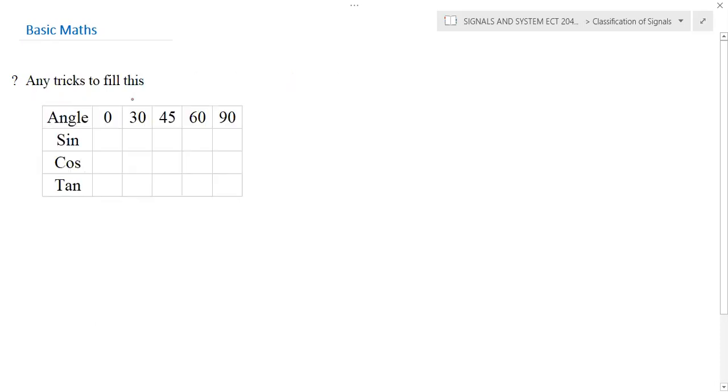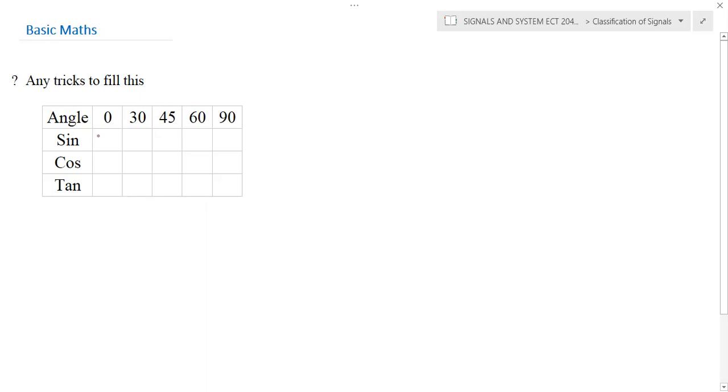Again, a common thing we frequently need to remember and use are the sine and cos values for 0, 30, 45, 60, 90. In order to remember these values, there is an easy way. Those who are aware of these values, please ignore this particular portion.